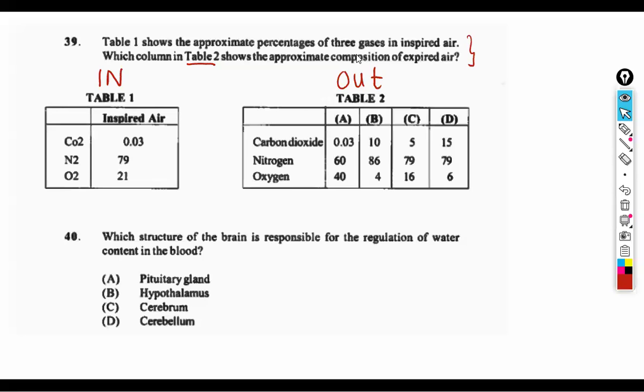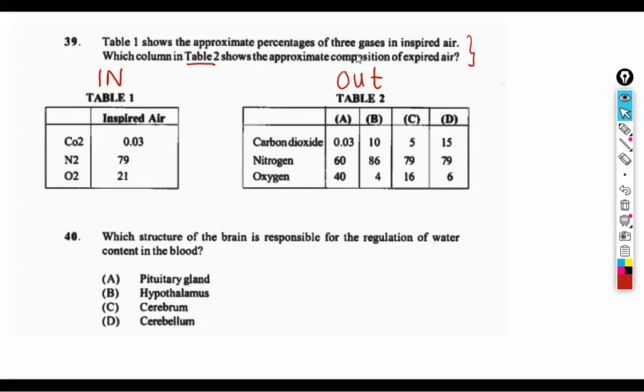Now, when you're breathing in air, the air coming in is going to have plenty oxygen. But when you breathe out, remember, your body would have used some of the oxygen for respiration, right? So when you're breathing out, less oxygen will come out.